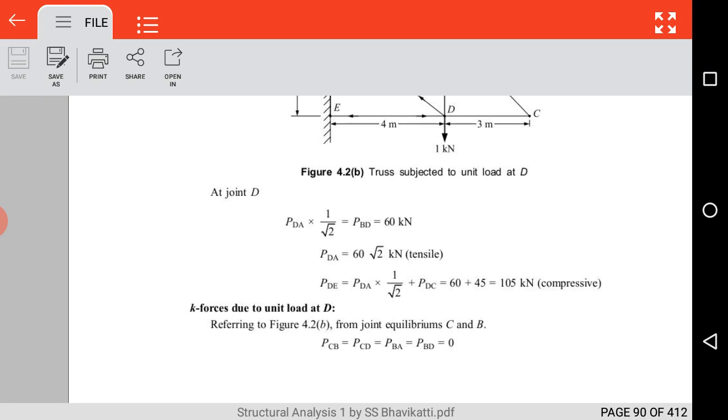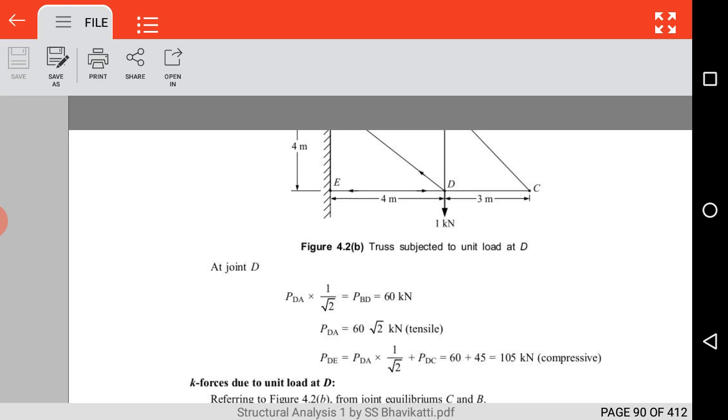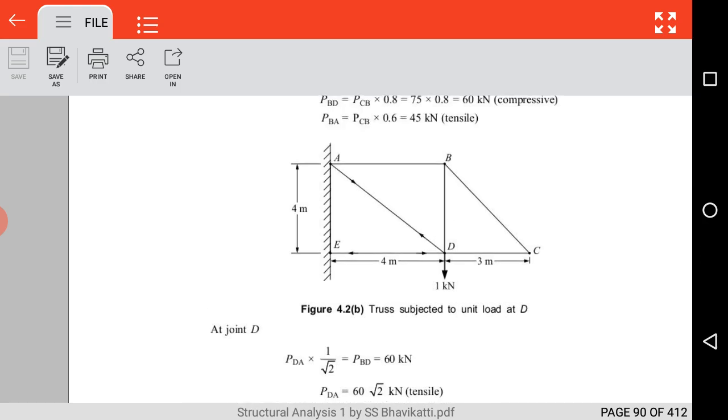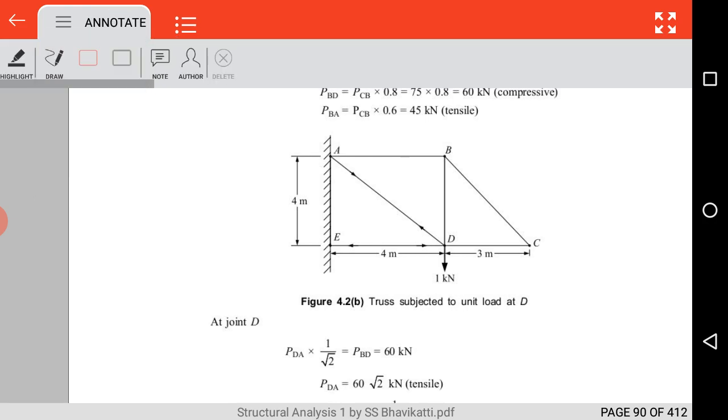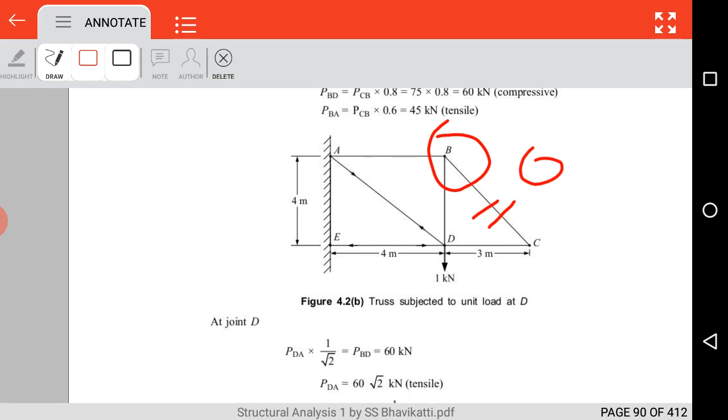Referring to this figure, that is our second figure, we draw the free body diagram for the joint C and for the joint B. At the joint C there are no forces acting, so this member force is 0 and this member force is 0. In the same way, if you go to the joint B, this force is 0, so the force in this member will be 0 and this is also equal to 0, since there are no forces acting on the joints or in any of these members.